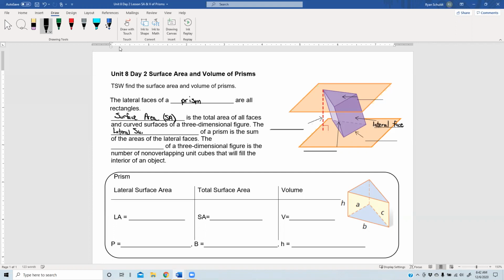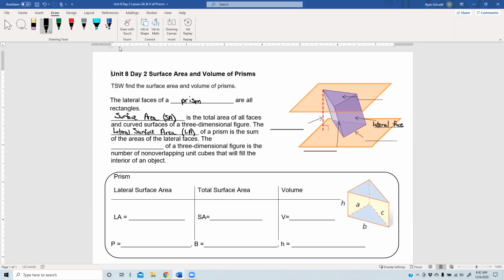The lateral surface area of a prism is the sum of the areas of the lateral faces. We call lateral surface area LA. So total surface area is SA. Lateral surface area we call LA.